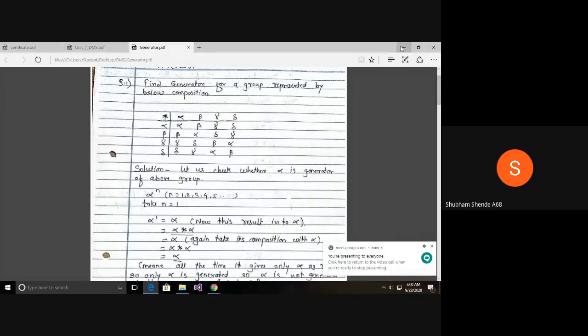Ma'am, repeat again. Yes. For all these elements, we have to check whether that one is a generator or not. We have just seen it for alpha. Okay, I will repeat this once again. Check here. Out of these four elements, we have to check which one is a generator for this group. Let us start with the first element, and that is alpha.